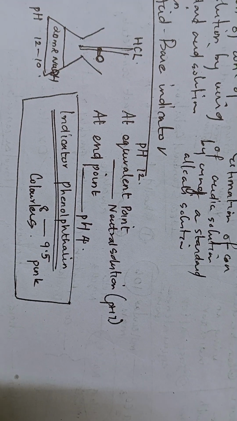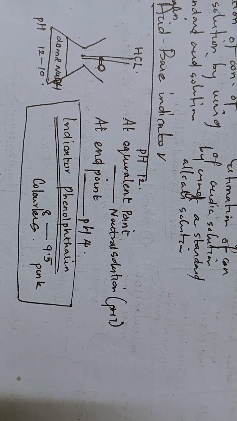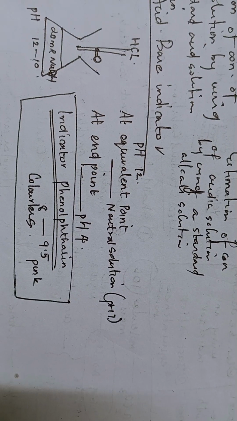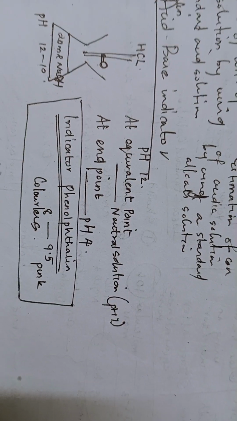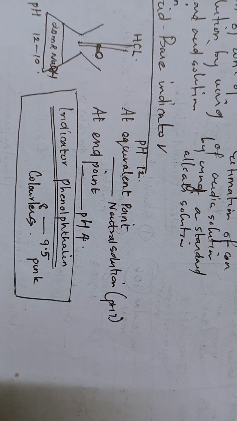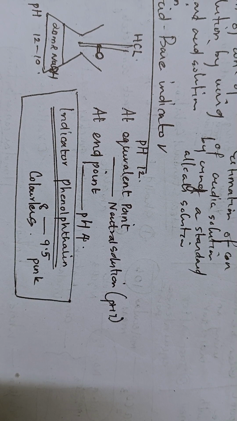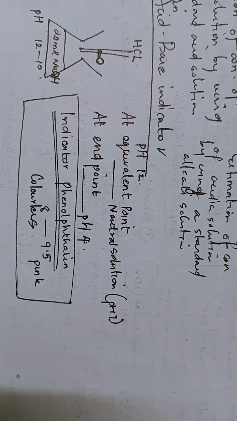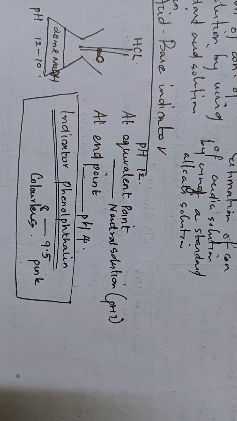Now coming to indicators. Indicators are substances which help us to get the end point. When you look at different types of titration, one which you may have already done is permanganometry, using KMnO4 and oxalic acid.